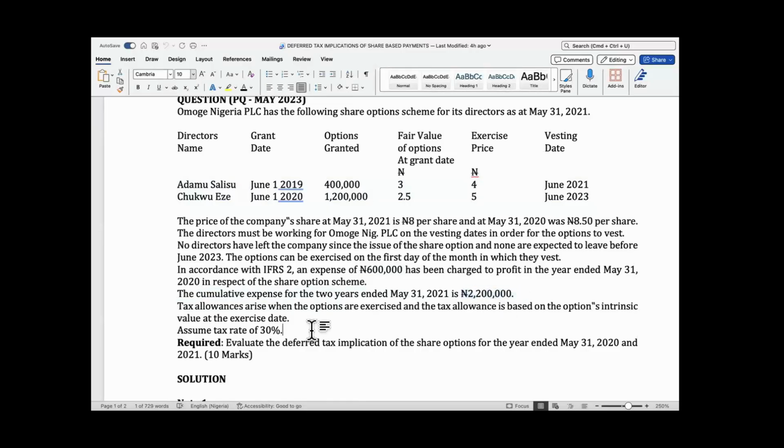We're now told that tax allowances arise when the options are exercised, and tax allowances are based on the intrinsic value. So this is telling us that what the taxman will actually allow as deduction is the intrinsic value. So automatically, when they say evaluate the deferred tax implication, I just need to get the intrinsic value, because that's the temporary difference. I just apply 30% on that, and that gives me my deferred tax. However, there's something we need to do around this expense recognition. I will show you and explain it to you now.